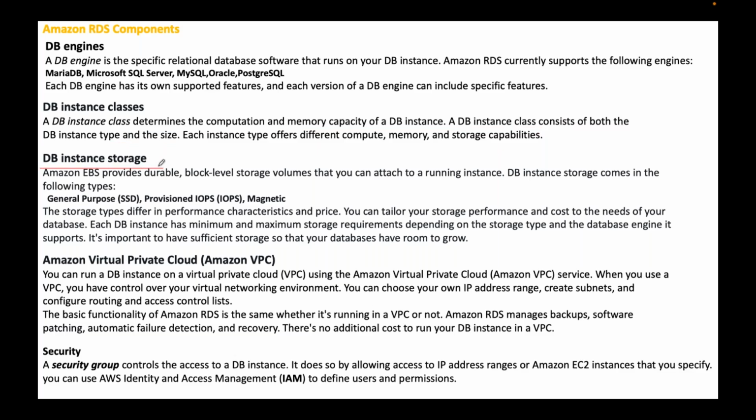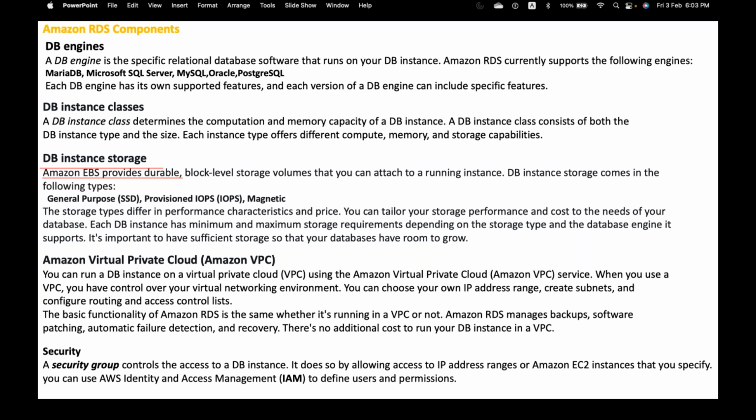And then the database instance storage. These RDS instances in the background use EBS volumes. You are not creating the database instances; RDS is creating the database instances in the background.